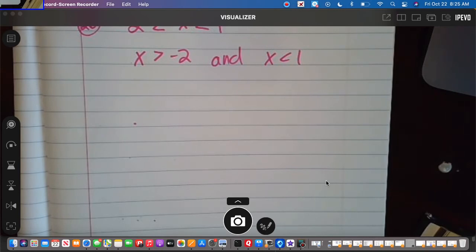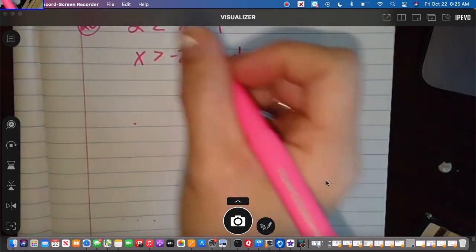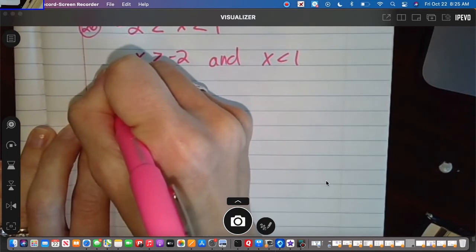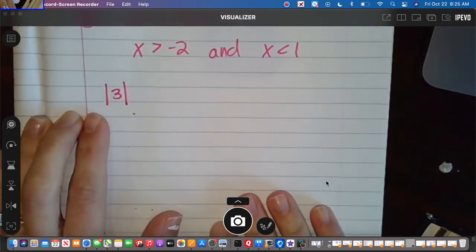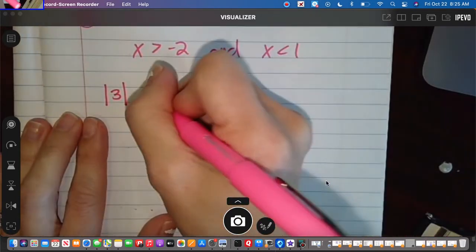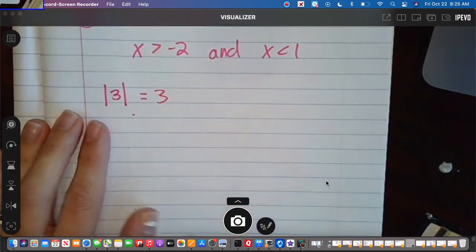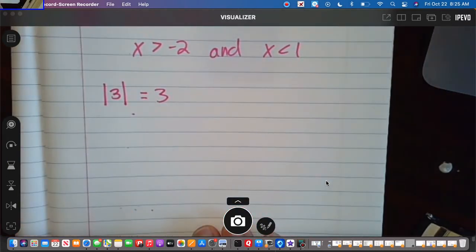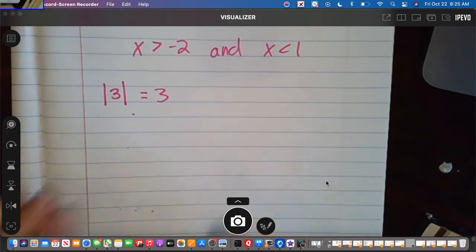The first type of problem on your sheet says to solve each equation. If I have the absolute value of 3, it is 3, right? What is another number that would equal 3? -3. Yes.